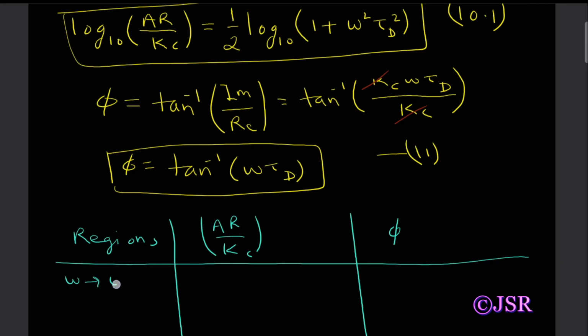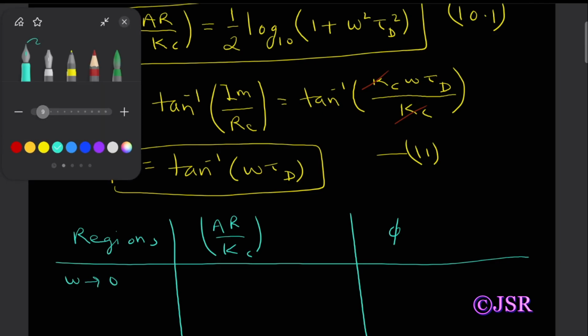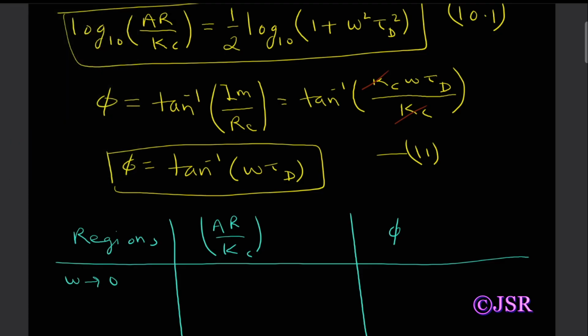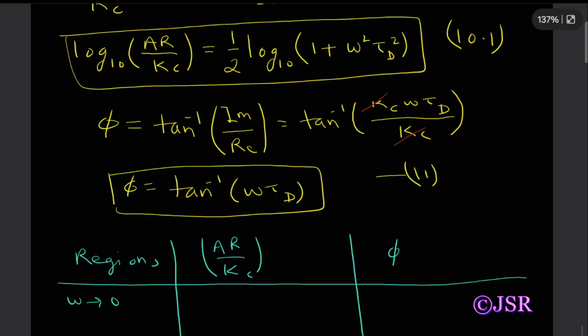So let's say when omega tends to 0, in that case, using equation number 10.1, log 10 AR by Kc will be equal to half log 10 of 1 plus 0.